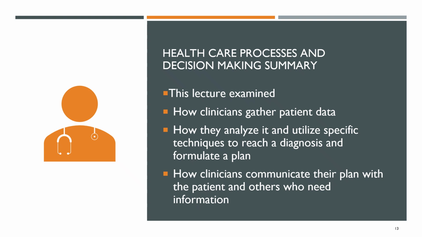Then we explored how they analyze that data using structured techniques, heuristics, and mathematical reasoning to reach a diagnosis and formulate a management plan. And finally, we discussed how clinicians communicate that plan, not only to patients, but also to families, colleagues, don't forget the insurers, the regulators, and even researchers. Each audience requires a different level of detail in a different form.